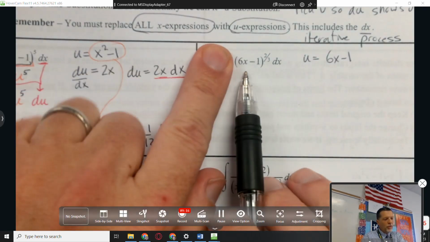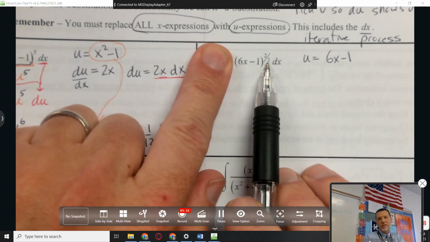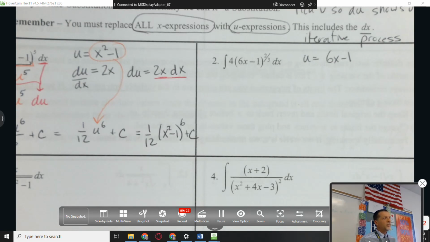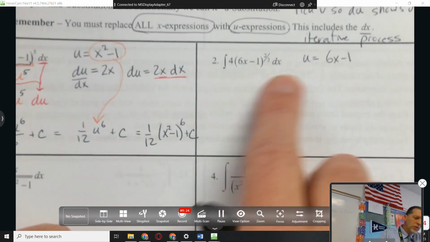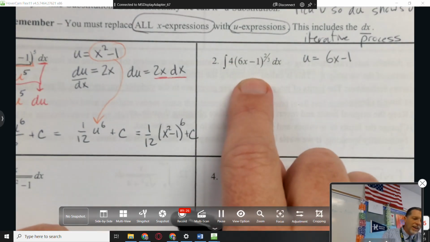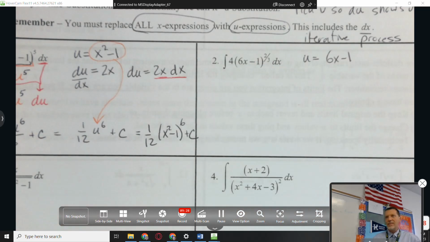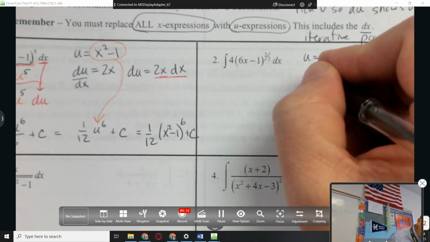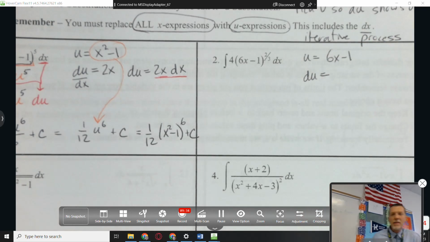If you let u be 6x minus 1 to the 2/3, then du is a really big mess and it's not going to work. If I make it everything, then it gets ugly. There's not really a good answer to do that automatically other than practice.